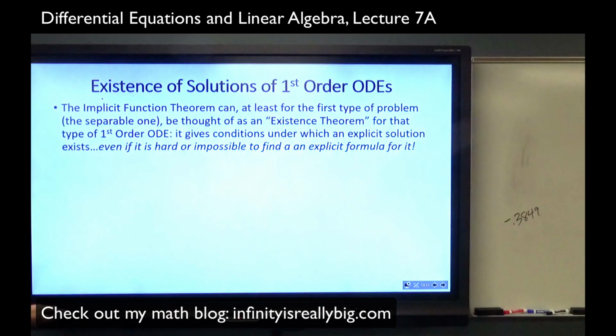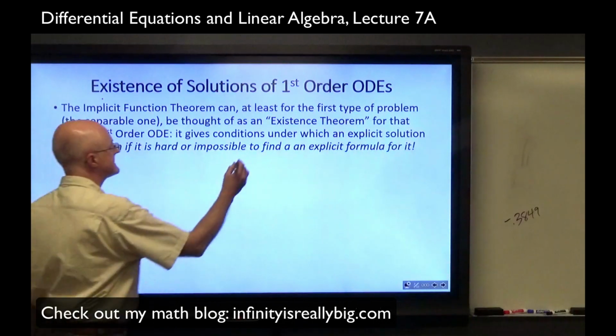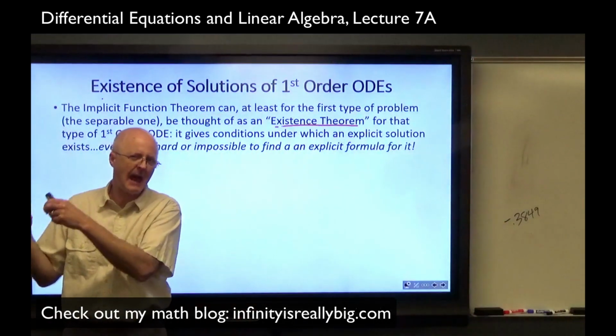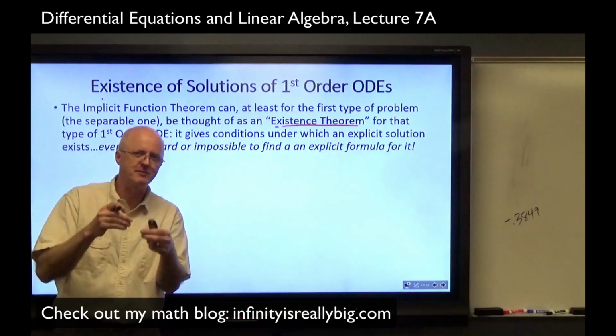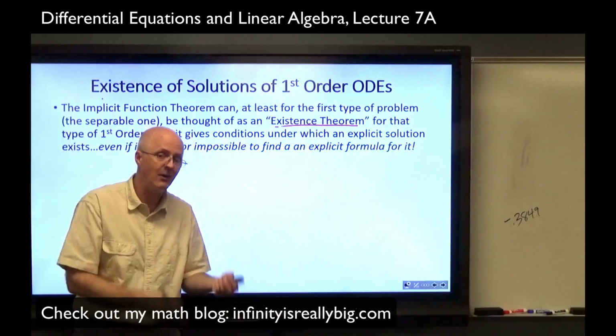The implicit function theorem can, at least for the first example, the separable one that we did, be thought of as an existence theorem. That was the stuff where I talked about capital F equaling C and the partial derivative of capital F with respect to y being non-zero near the point in question.